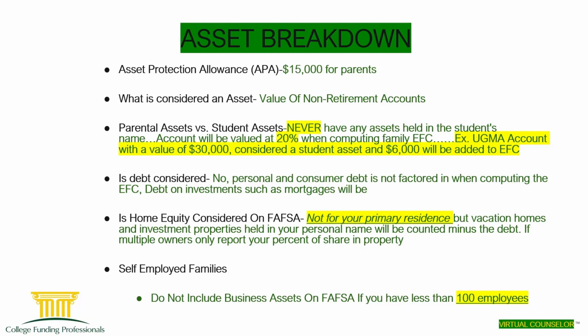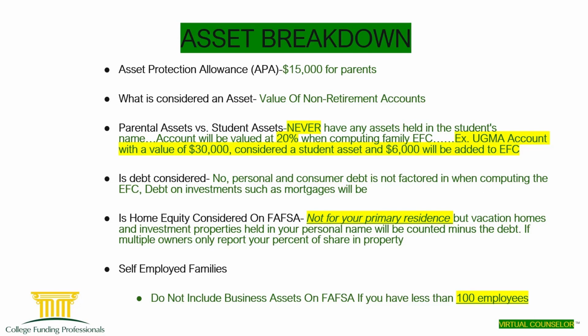Also, if you have multiple owners of, let's say, an investment property and you own a percentage of a share of it, you only report your percent. So let's say you, your brother, your sister, you all got an investment property. You might inherit it from your parents if they passed away, and you own 33%. Well, you're not going to value that at 100% and report that on the financial aid applications. You're going to value that at 33%.